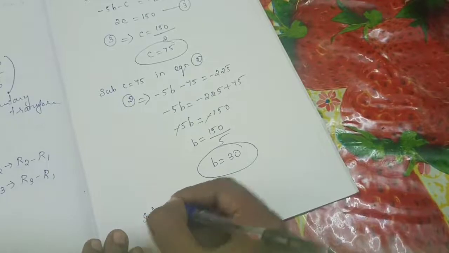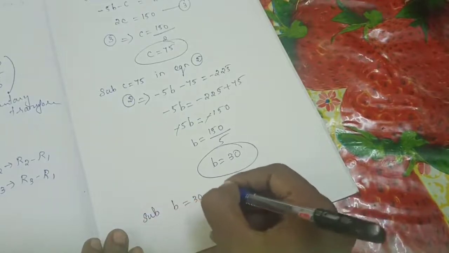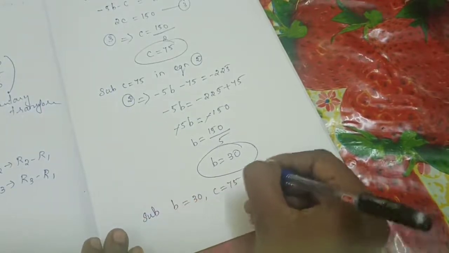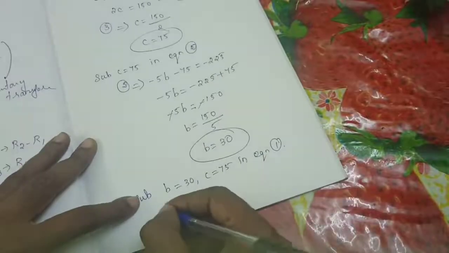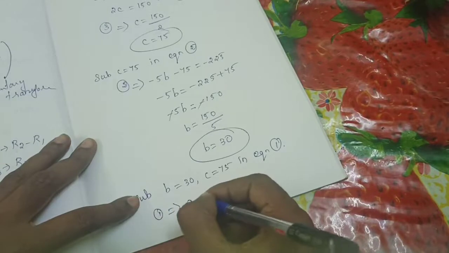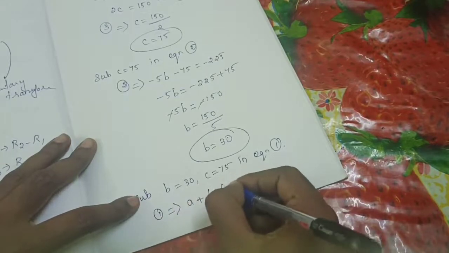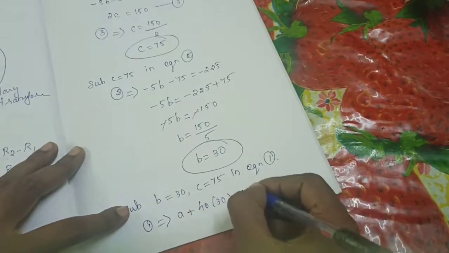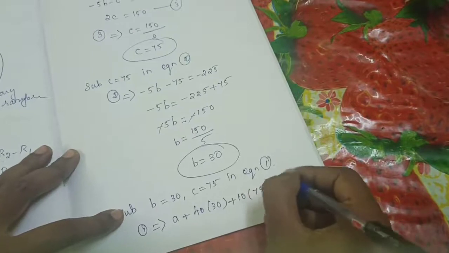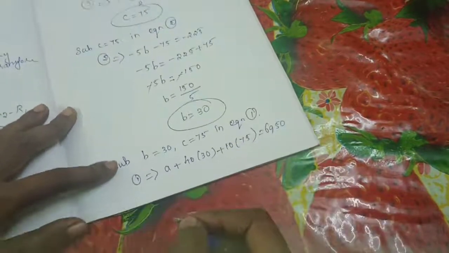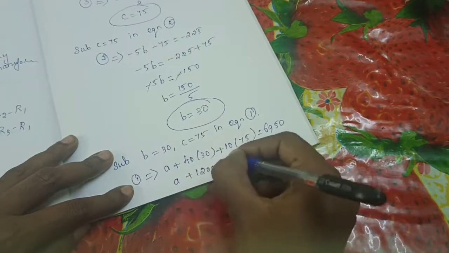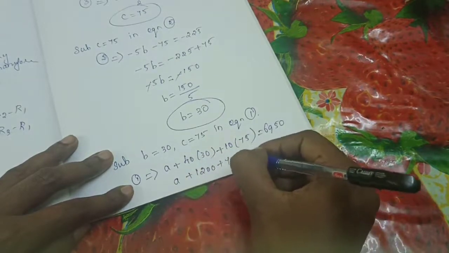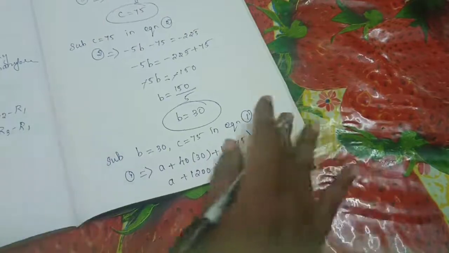Now substitute B is equal to 30, C equal to 75 in equation number 1. Okay. Substitute in equation number 1. Equation number 1 implies A plus 40 into B value 30 plus 10 into C value 75 is equal to 6950. Simplify. A plus 1200 plus 750 is equal to 6950.